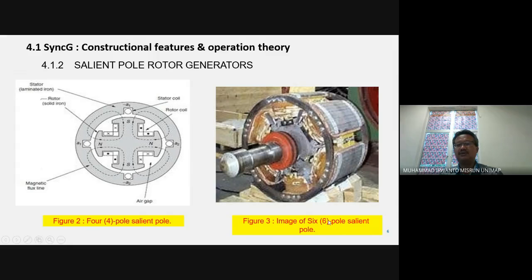Yes, six poles. Now we can see the windings here, the winding is here, here, here. They are connected together in series, one group of windings connected to the next in series to produce the poles, north and south. The number of north and south poles is the same, and then connected to the DC supply.